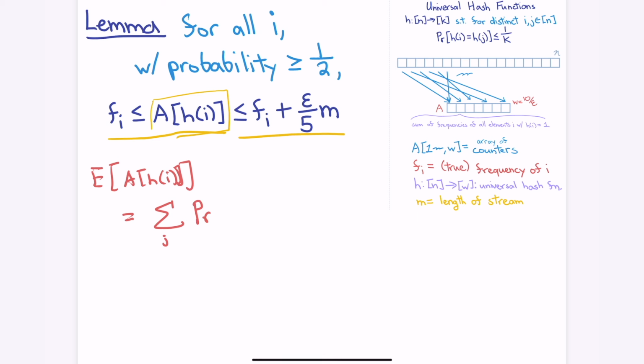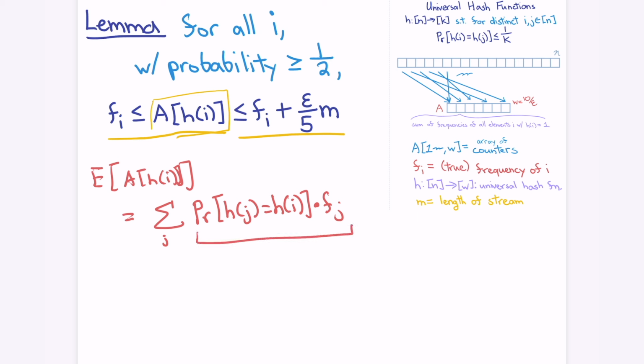But you're going to say, okay, the probability that h(j) is equal to h(i) times f_j, right? This is the expectation of one other key's contribution. Okay, and so there's a linearity of expectation going on there, although it's a little hard to see. Okay, good.